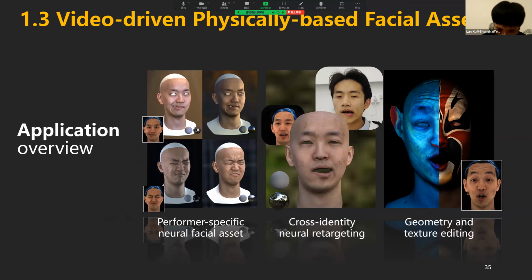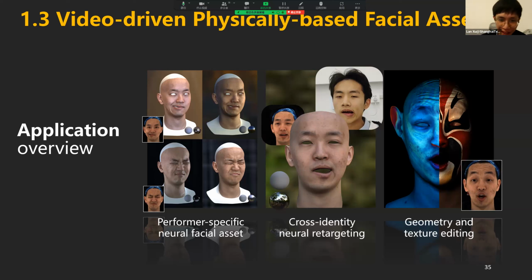Because all our training data of different identities share the same topology, we thought our network could be easily generalized across identities, especially for the expression part. So our physically based facial assets naturally support cross-identity neural retargeting.